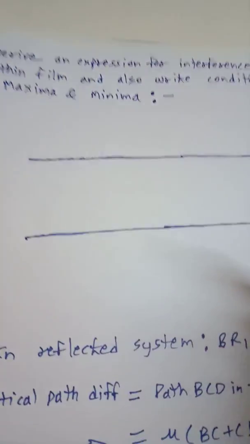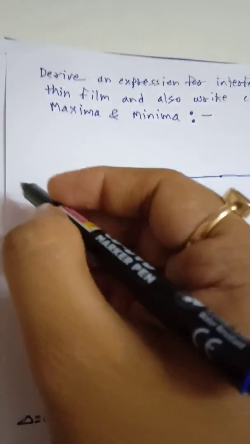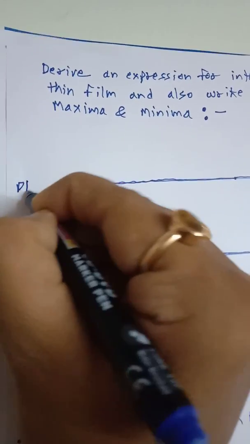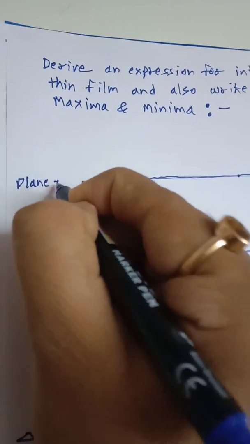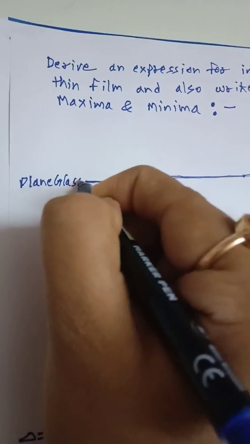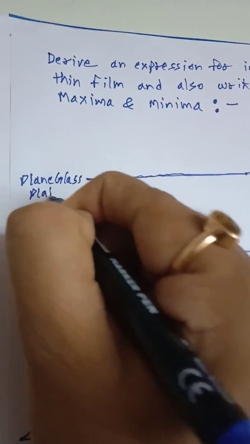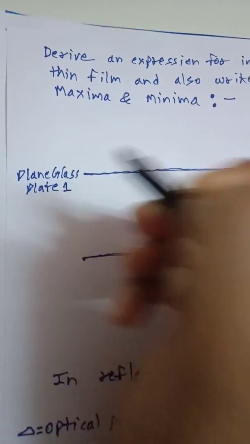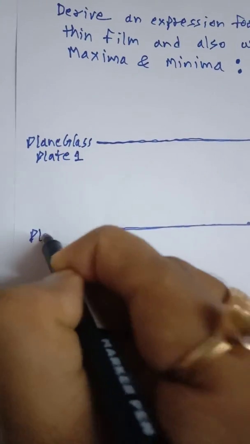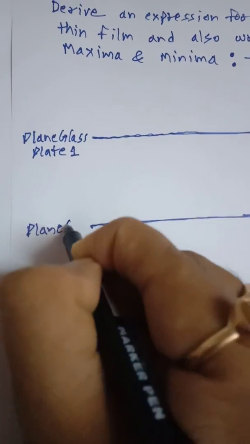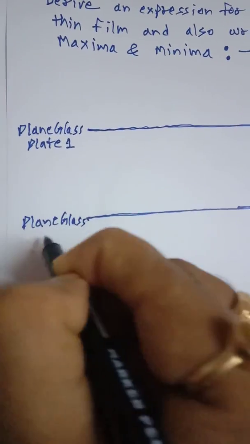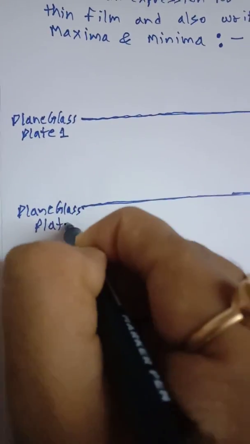Between these two glass plates, this is called plane glass plate 1, and this is called plane glass plate 2.